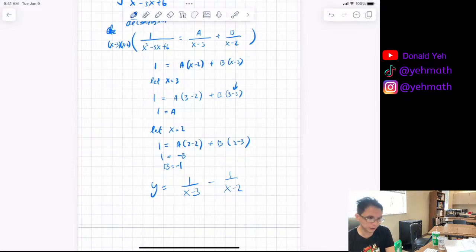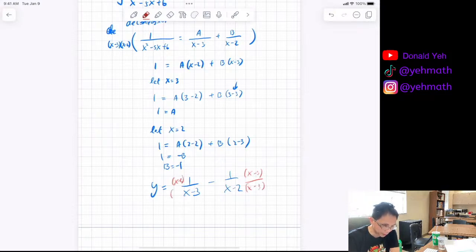Now, if you don't believe me, we can go back to algebra 2 and multiply by x minus 3. This is just a double check to see if it works. You don't usually do that, but I'm going to check for you. That's going to be x minus 2 minus x plus 3. So therefore, it's going to be 1 over x minus 2, x minus 3.